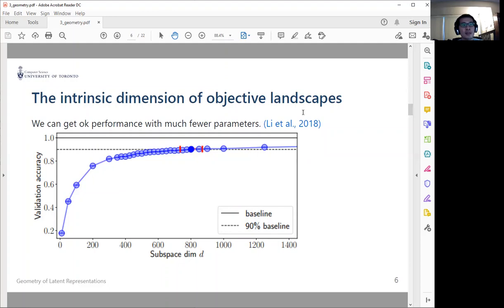And this paper analyzes how many dimensions we can shrink the representation space to so that the validation accuracy does not drop below 90%. So we can get okay performance with much fewer parameters. When they have, for example, more than 1,400 dimensions in the word embeddings, the validation accuracy is very high, close to 100%.